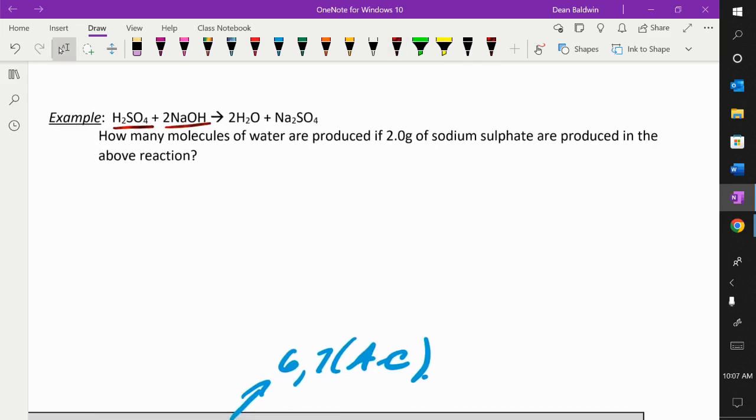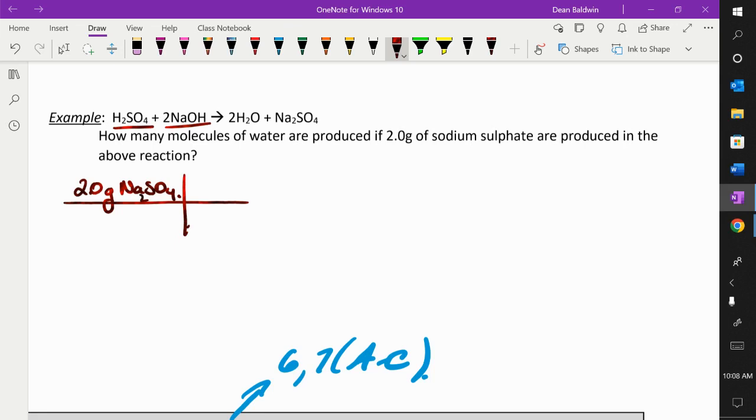We're given 2.0 grams of sodium sulfate, Na2SO4. All right. How many molecules of water? So I got to get sodium sulfate from grams to moles.